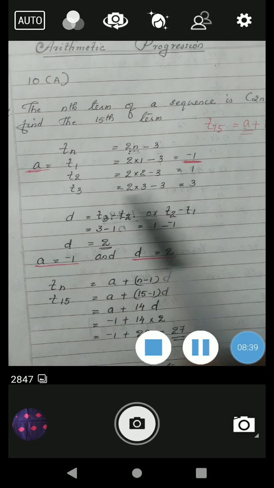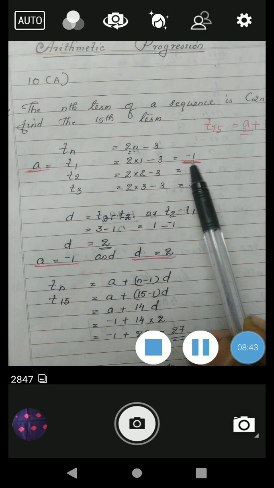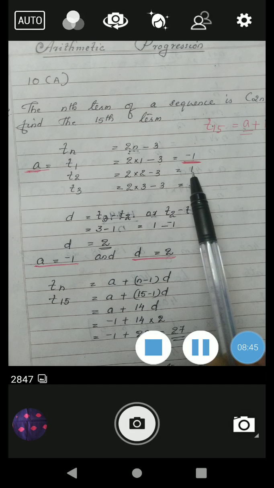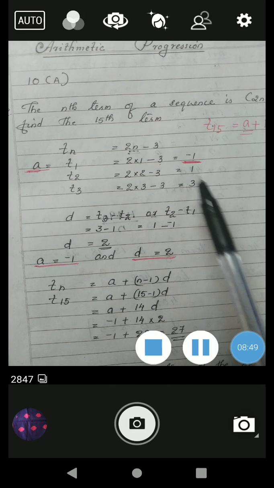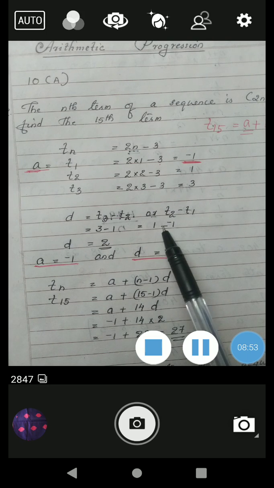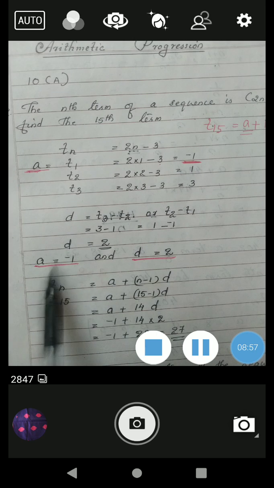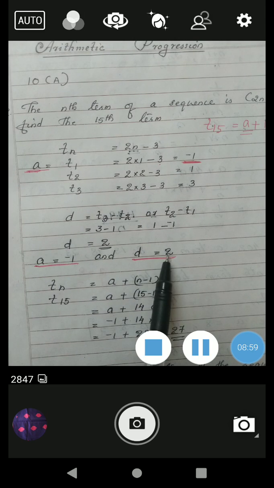Now, A is 2 into 1 plus 3, that is 5... And we get T2 is 1. Therefore, what is D? We know D is T2 minus T1, that is 1 minus minus 1. D is 2. So we get A is minus 1 and D is 2.